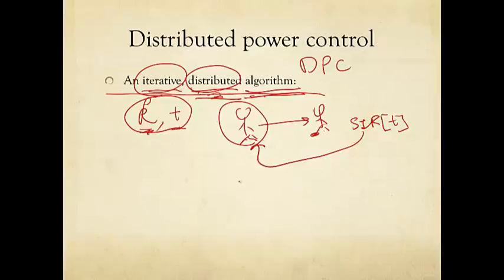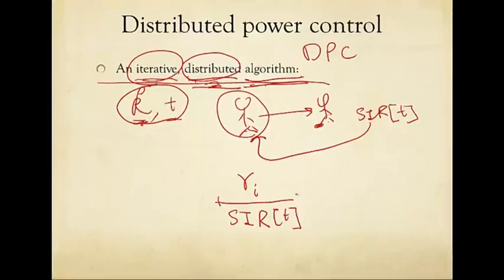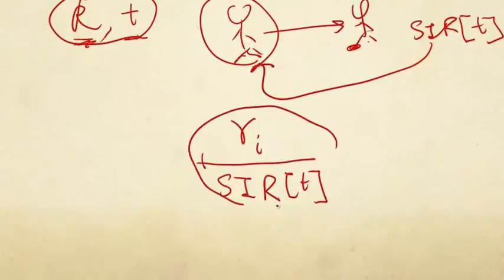Because what you'd be doing is to say, all right, I got a target SIR, gamma i. That's fixed. It doesn't vary over time. And then I got my current received SIR, which varies over time because I change my power and others change their powers. I look at their ratio, gamma i divided by SIR at time t. And I say, this is my gain parameter.